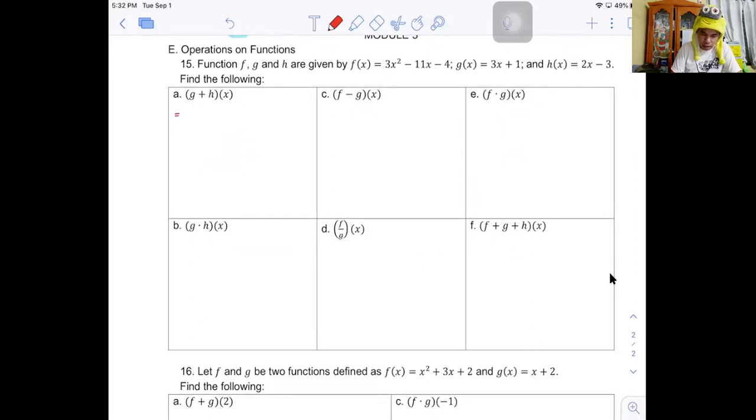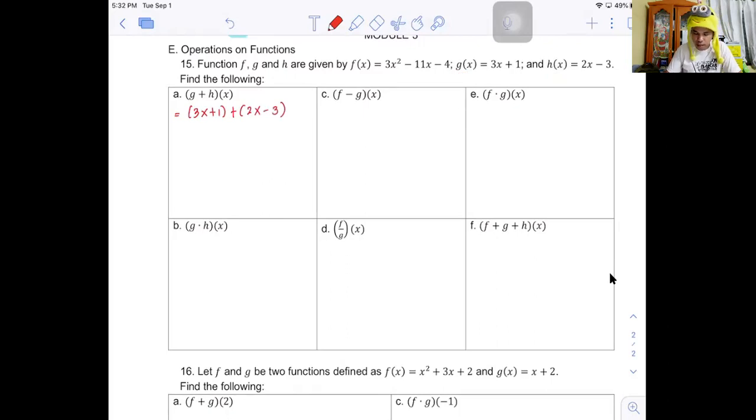So we can write it. Let's add G and H. Okay? So we have here G and H. Let's write it down. So we have 3x plus 1 plus 2x minus 3.